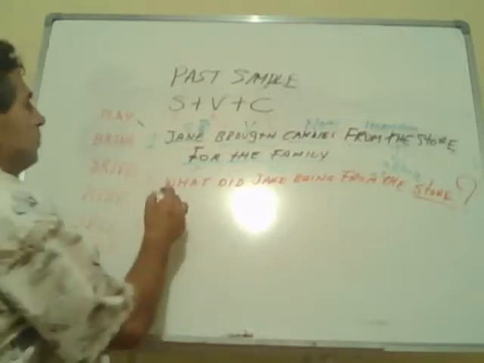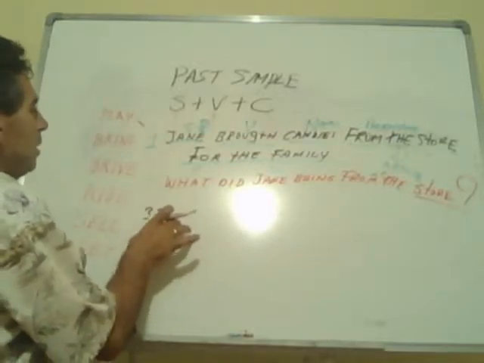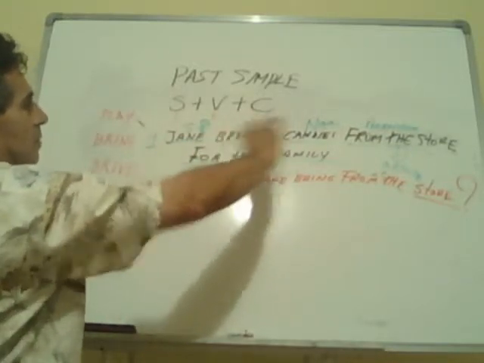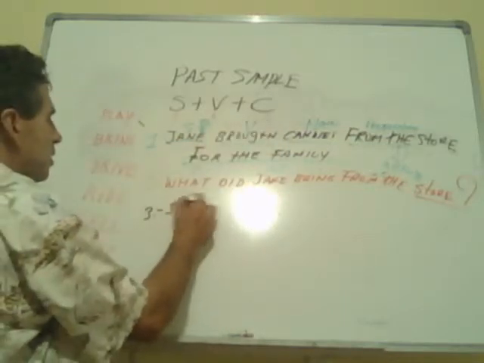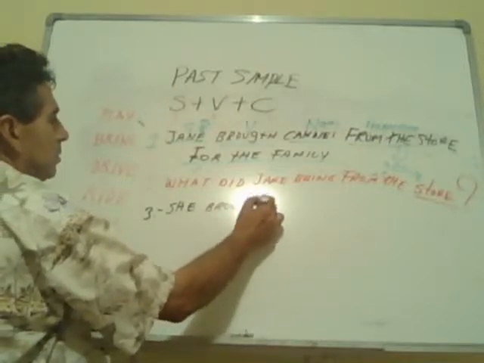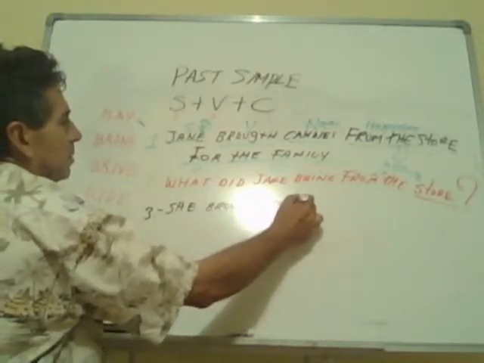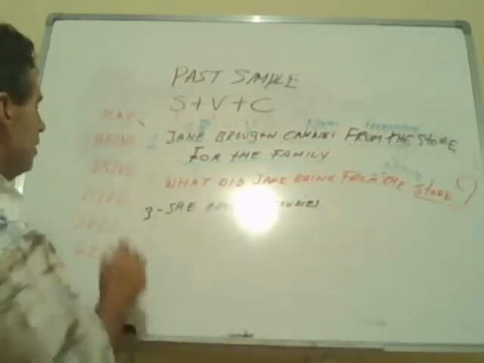She brought candies. I'm just going to simplify the sentence that we have up here. Just that she brought candies. She brought candies. All right.